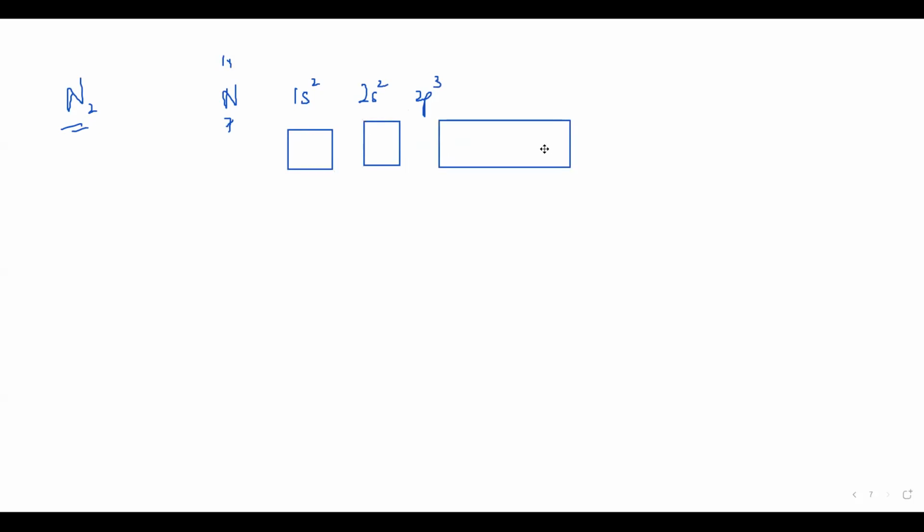So, example of nitrogen, molecule N2. When we write the electronic configuration for the nitrogen atom, it will be 1s2, because nitrogen is 7 and 14. So 1s2, 2s2, 2p3. Electron in a box model. So there will be two electrons here, two electrons in opposite spin, and singly they will occupy.